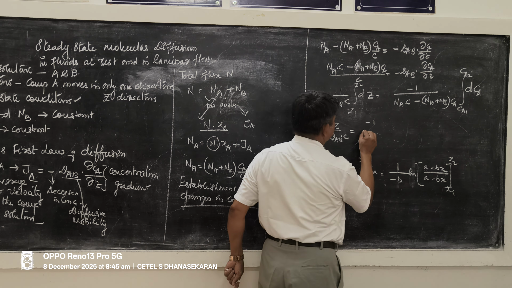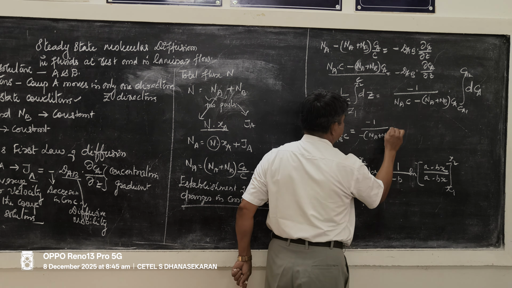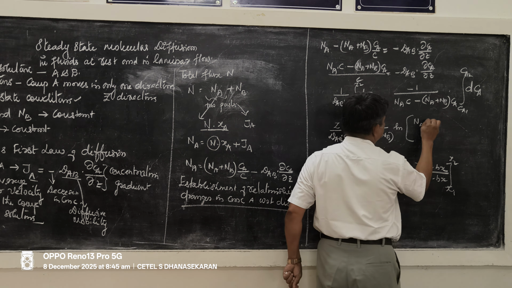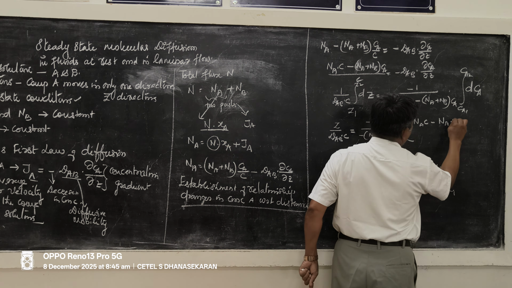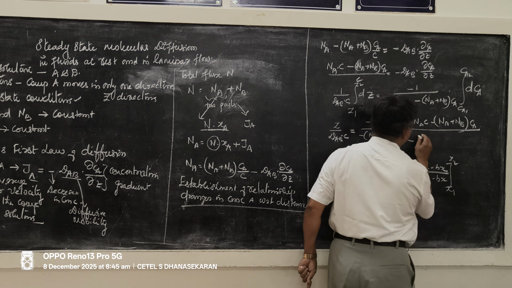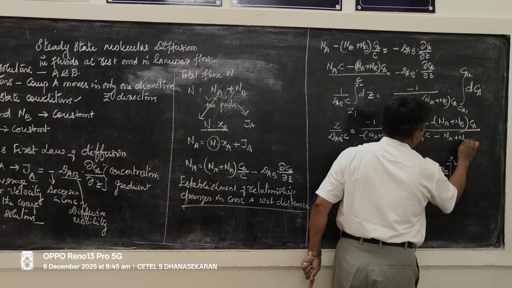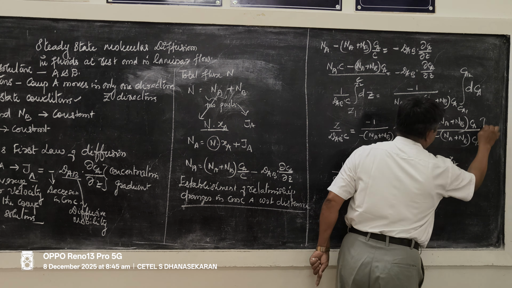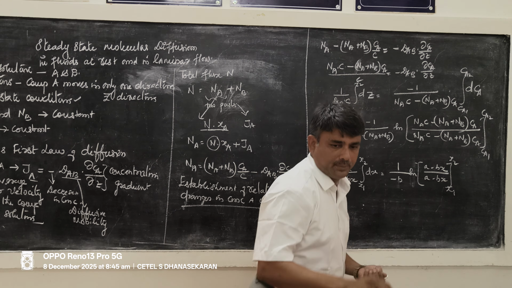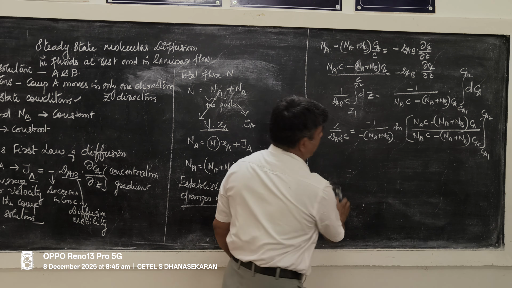Clear? Minus 1 divided by minus of (Na plus Nb) into ln of (NaC minus (Na plus Nb) into Ca) whole divided by (Na into C minus (Na plus Nb) into Ca), limit Ca1 to Ca2. Right, clear? This is the mathematical formulation, the method to integrate.